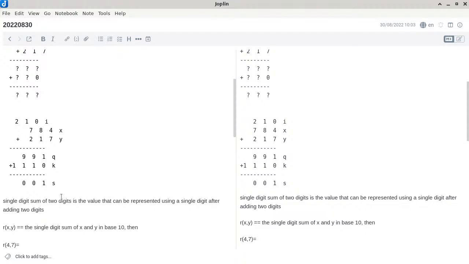If I'm adding 4 and 7, each one being a single digit in base 10, and I only want to know the sum that is representable using a single digit, and the other part can be done with a carry, what would be the answer? 1 with a carry of 1. It's just 1, without the carry of 1, because the single digit sum is only focusing on the 1 digit as the sum.